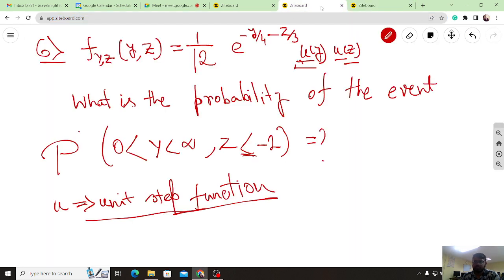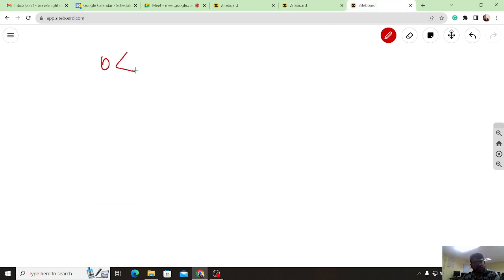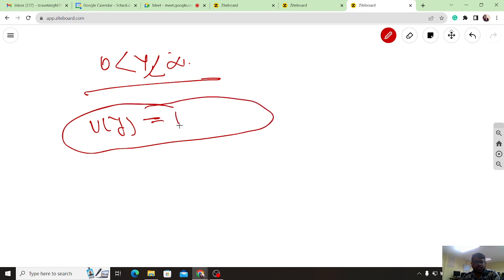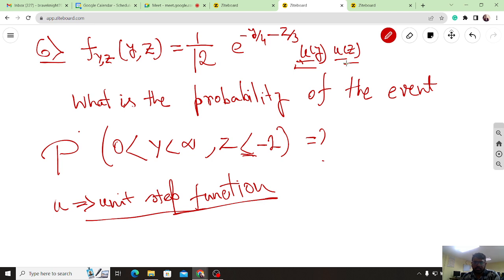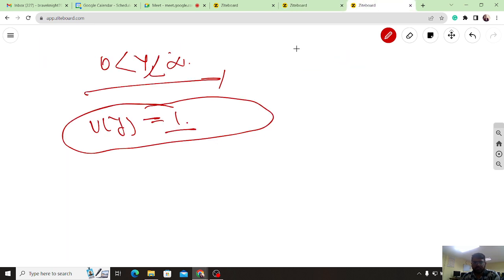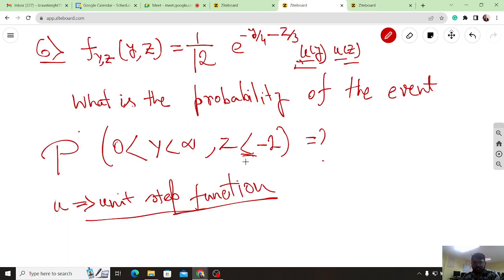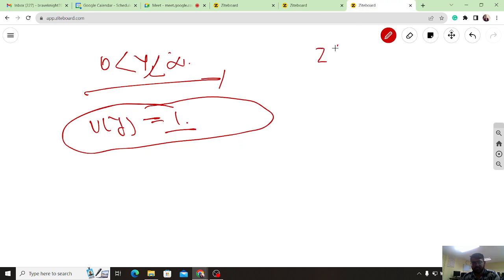Okay. So the event is 0 less than y less than infinite. So in this interval, this value is 1. But u of z within the interval, that is z less than or equal to -2, this value will be 0.